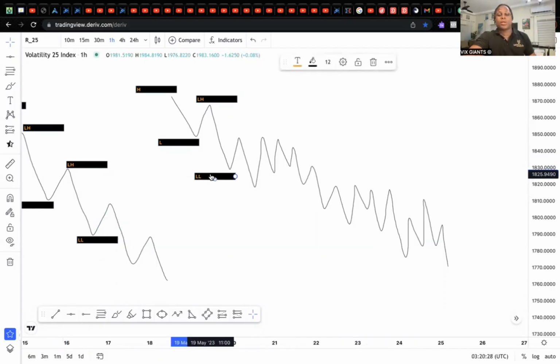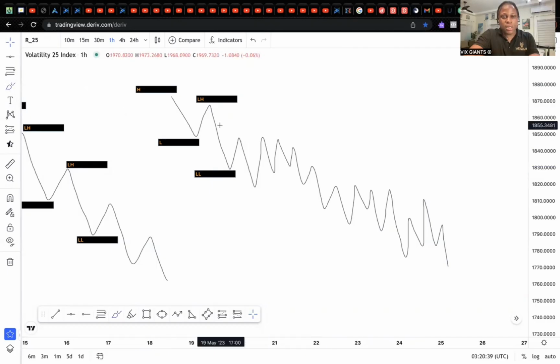Lower low. So after the market created this lower low point, it pulled back, creating a new lower high. So right here, lower high. All right, we push down from that lower high point, creating a new lower low.